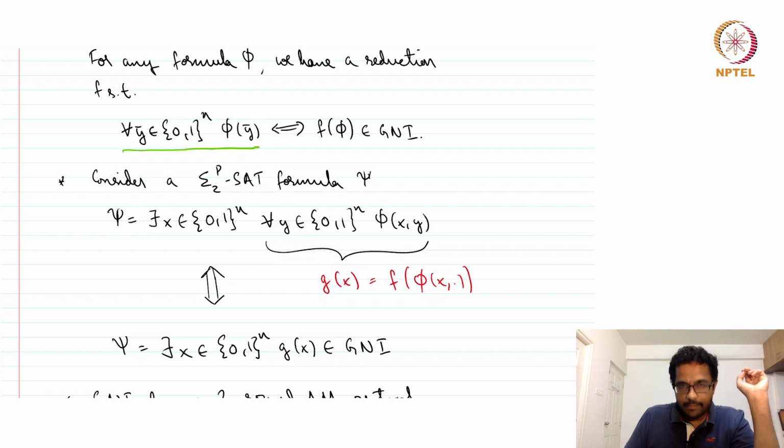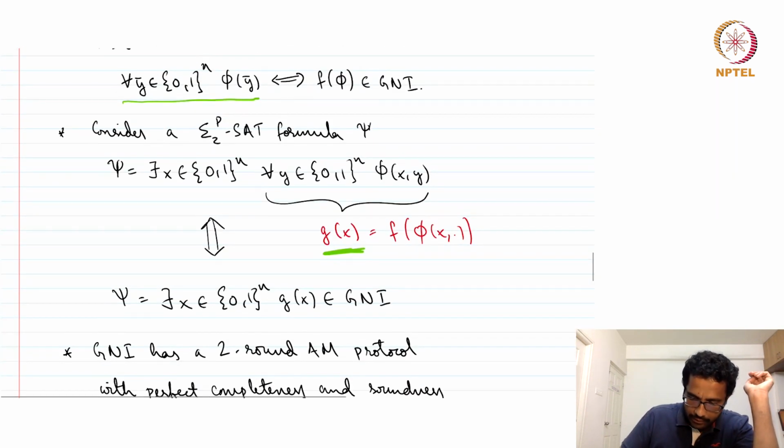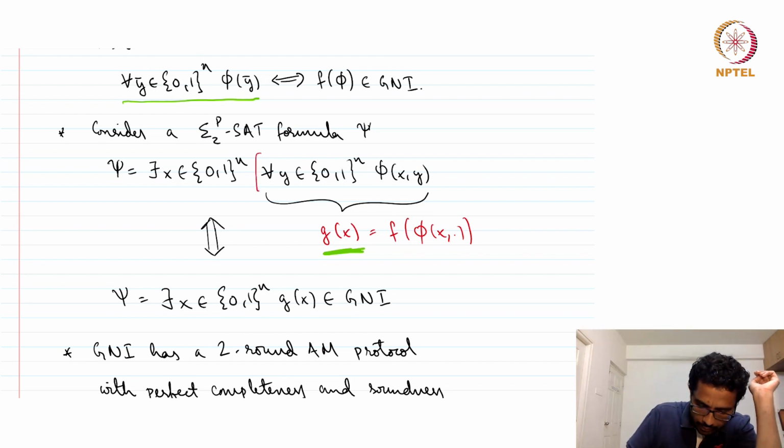And the variable was simply y, so x was fixed. With the same reduction above, we get a graph non-isomorphism instance called gx. Now that we have replaced this part, I'll put a red bracket around this part with gx.